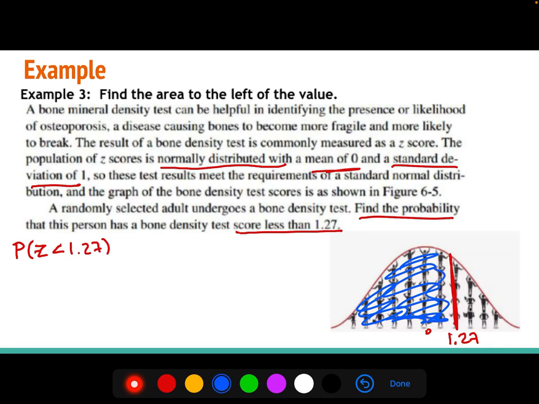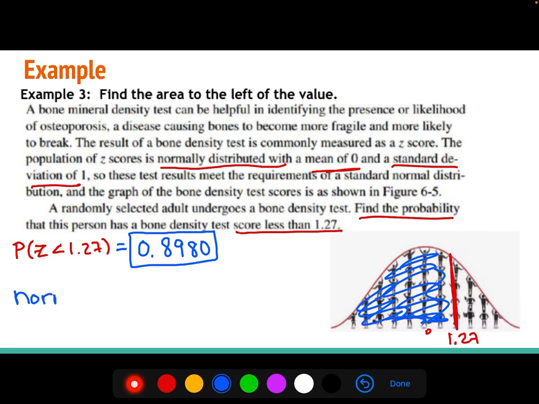So what we're looking for is the area to the left of 1.27. So we're going to go to the table for our cumulative area to the left of the Z-score and look up 1.27. When we go to our table, we get 0.8980. That's the probability. So 89.8% probability that this person's going to have a Z-score less than 1.27.